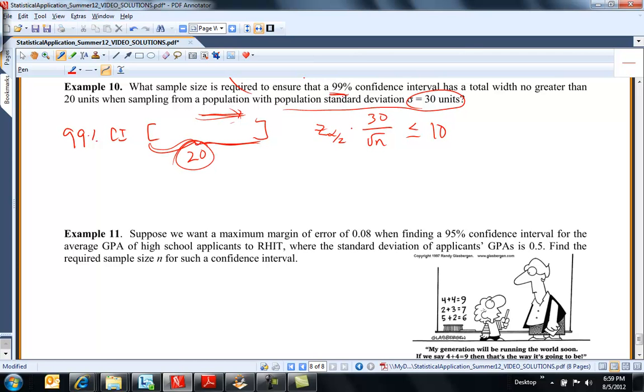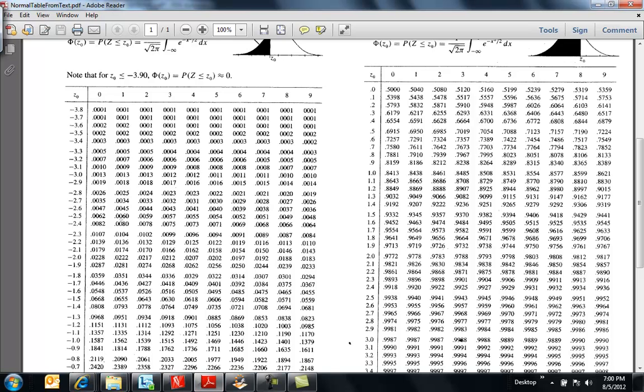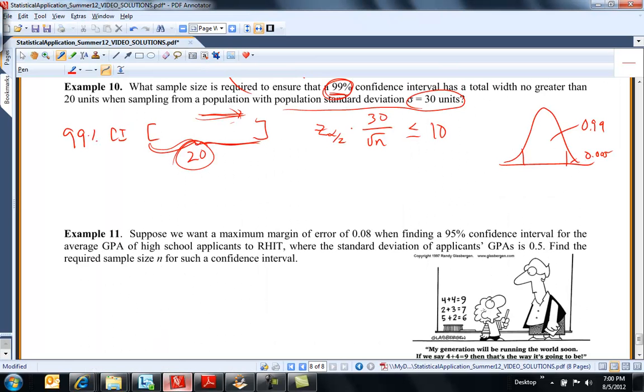And so for a 99%, that should be 2.58, right? So you leave 99 in the center and 0.005. Let's go to the Z table fast. 0.005, yeah, 2.58.